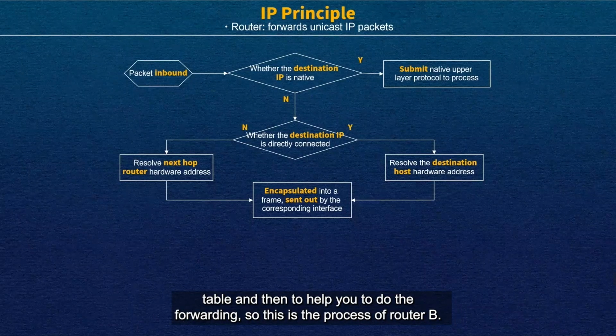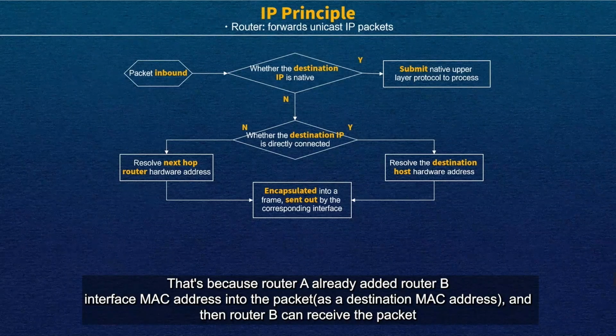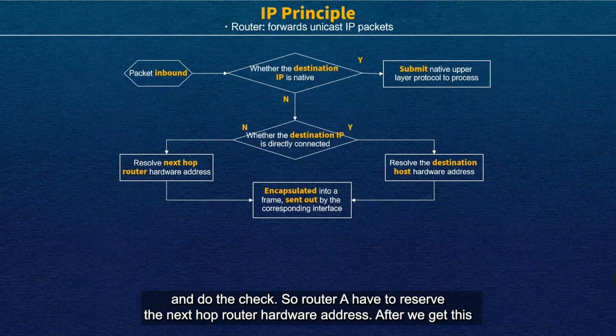So this is the process of router B. That's because router A already added router B's interface MAC address into the packet, and then router B will do the check. So router A has to resolve the next hop router hardware address.